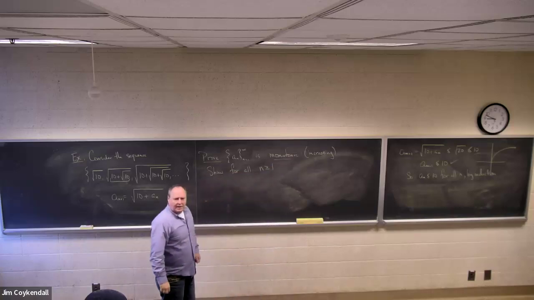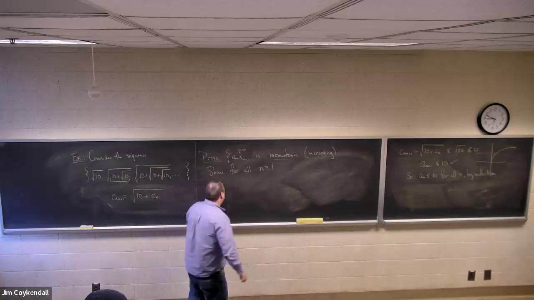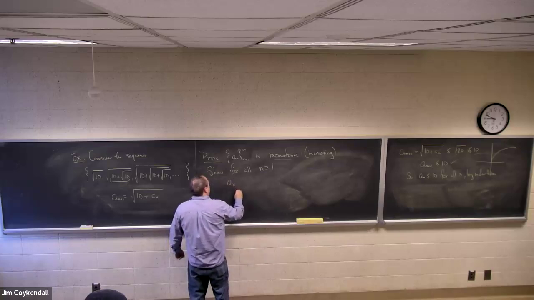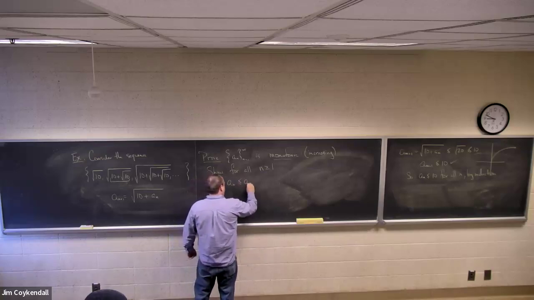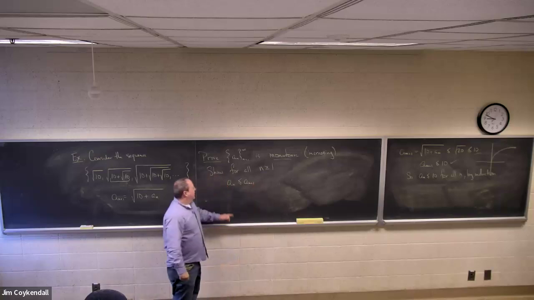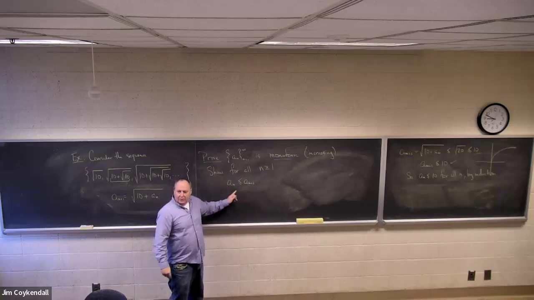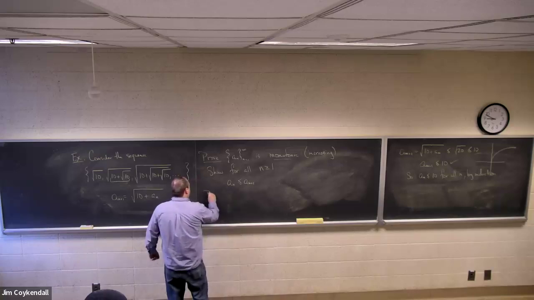What do we want to show? A N is less than or equal to A N plus 1. Show that the next term is greater than or equal to the previous one. Okay, base case.